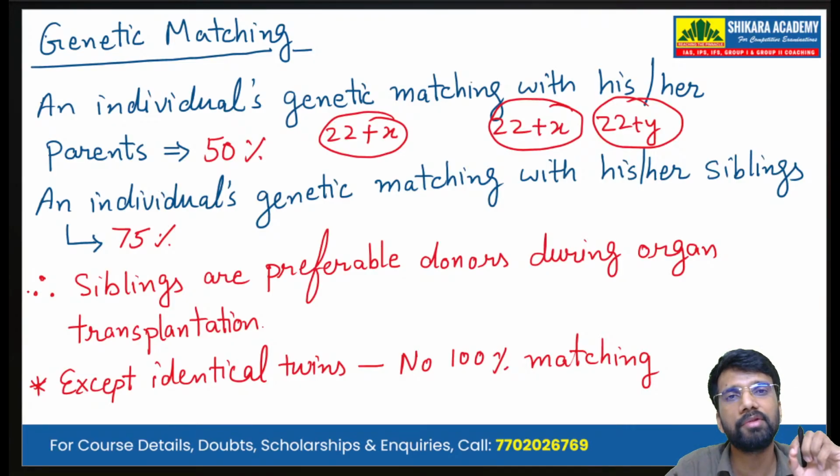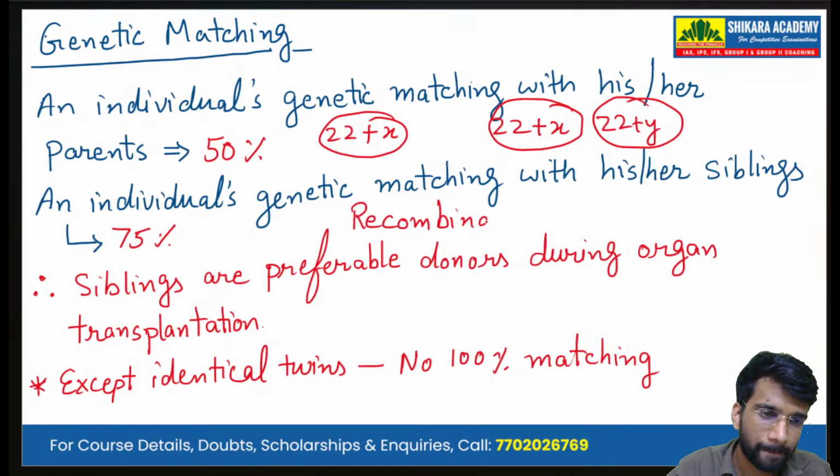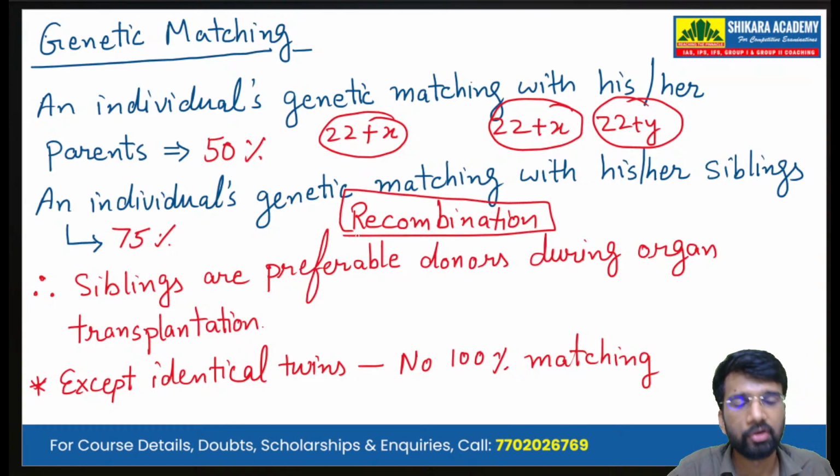But it is less than 100% because of a phenomenon known as recombination. You do not have to go into much detail about this. Just remember that recombination is preventing siblings from having 100% genetic matching.